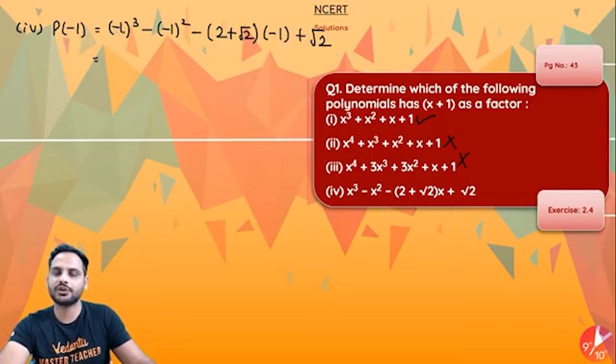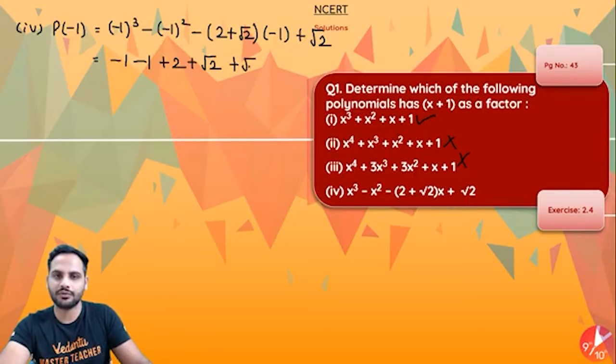So minus 1 cube is equal to minus 1 only. Minus 1 square is 1. But 1 into, again the outside the bracket there is one more minus, so 1 into minus 1 will again become minus 1. Correct? Then if I multiply this minus 1 into this negative, negative into negative will become positive. So plus 2 plus root 2.